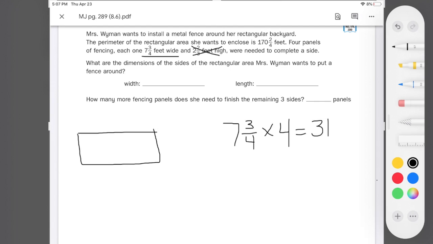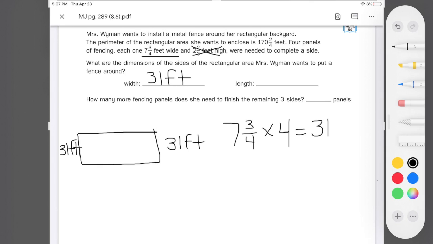So that answers our width problem right away. Mrs. Wyman's rectangular backyard is 31 feet in width. So we can go ahead and label our rectangle as well. 31 feet. And really, I kind of drew my rectangle the wrong way, but that's okay. All right, so 31 feet.